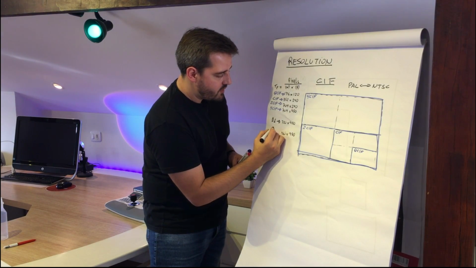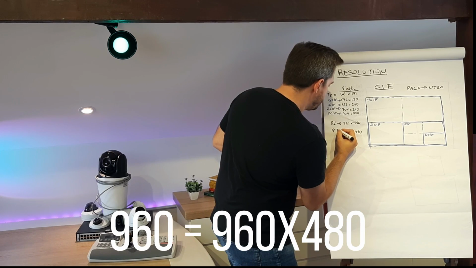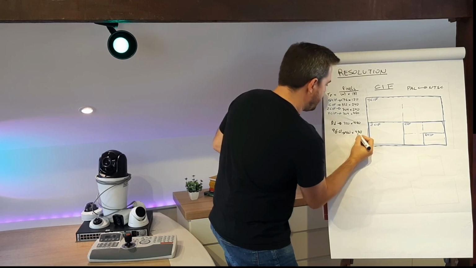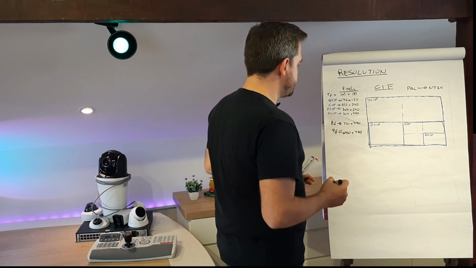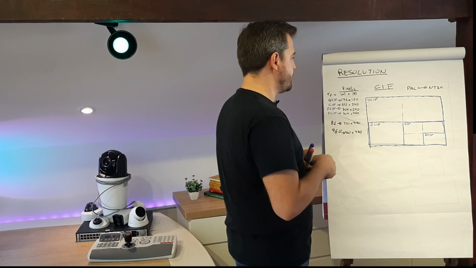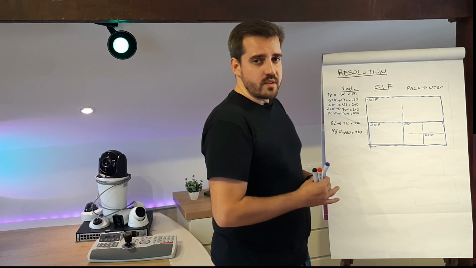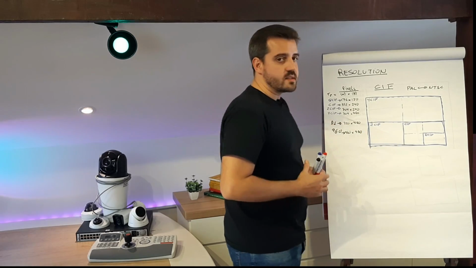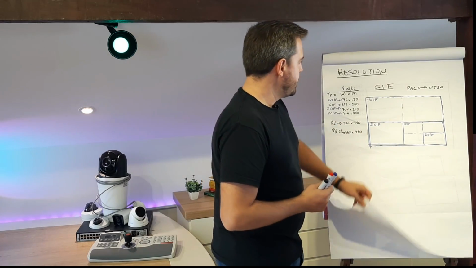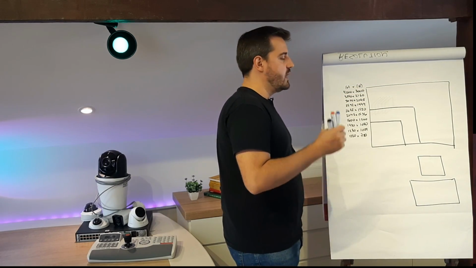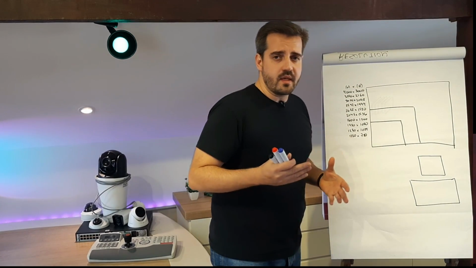And we have the 960H, which is 960 by 480. So basically these are resolutions that we can consider more for analog systems, or very low resolutions that we can use in the substream.